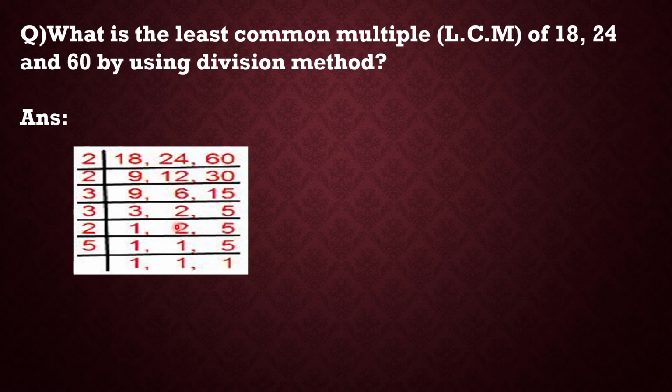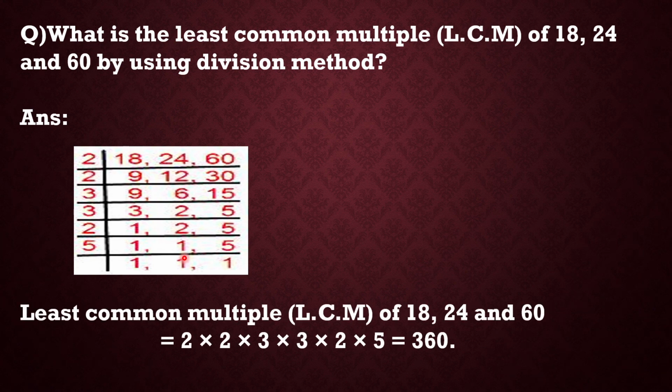So we can stop here itself, or if you want to proceed, you can. 2 ones are 2, and 5 is written as it is. Then we got 1 comma 1 comma 1. So you can proceed until you get 1, or when both are prime numbers, you can stop there.